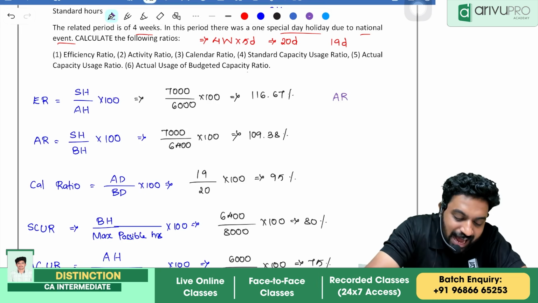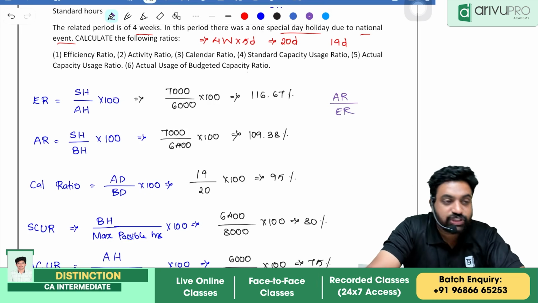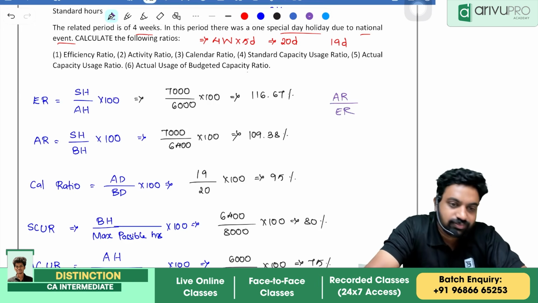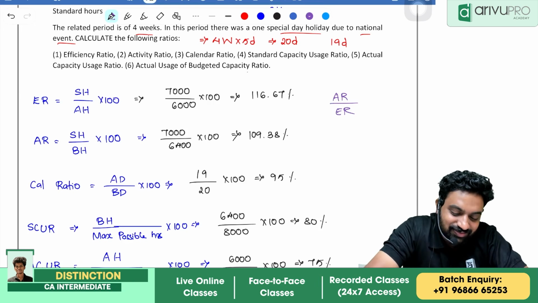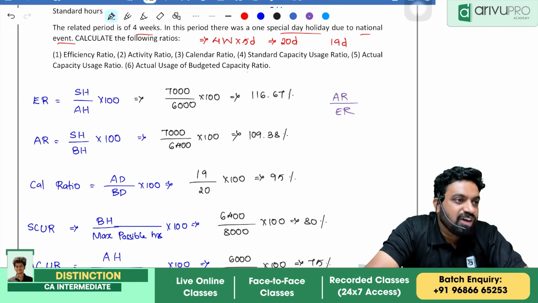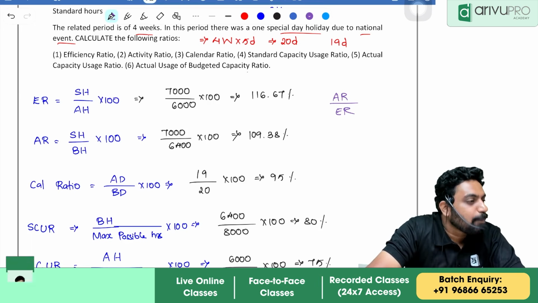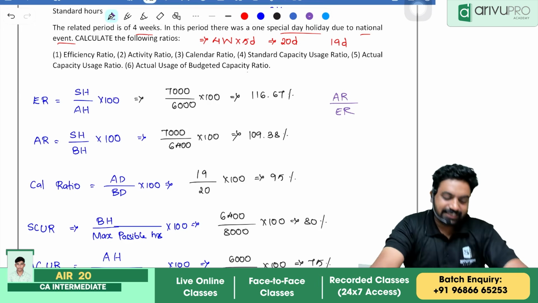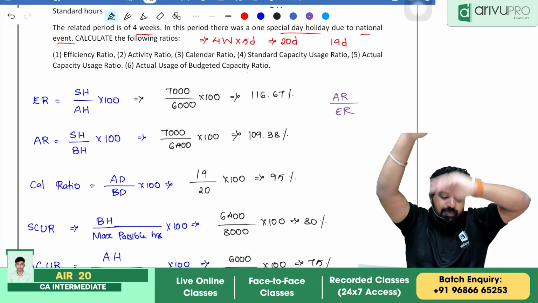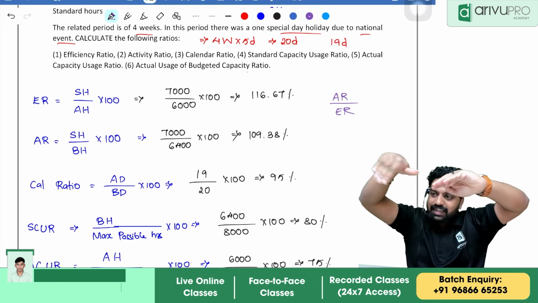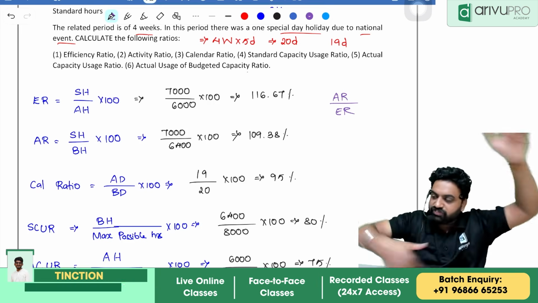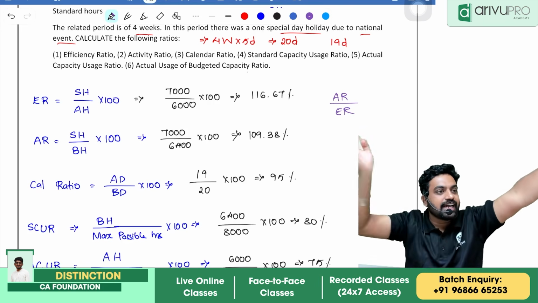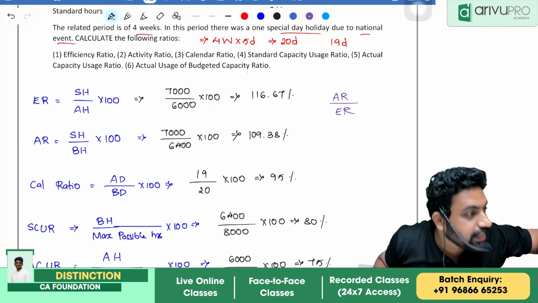If you divide activity ratio with efficiency ratio, what do you get? Actual usage of budgeted capacity, also known as capacity ratio. Correct? That is standard by budget divided by standard by actual. If you bring it the other way around, it will become actual by standard. Standard, actual by budgeted.